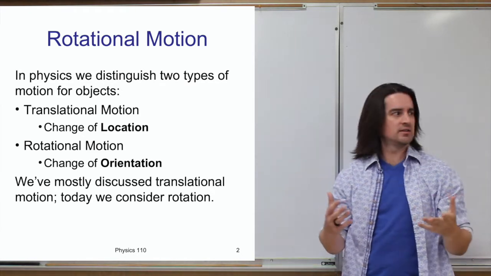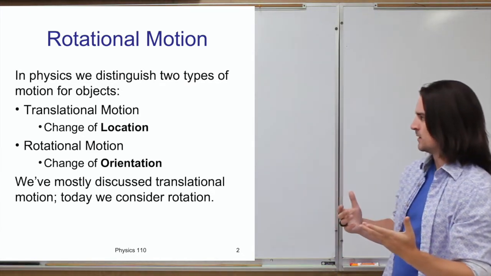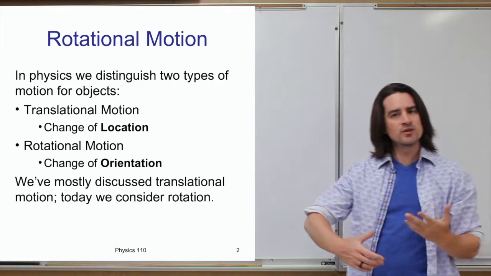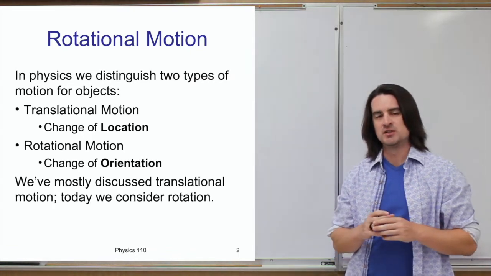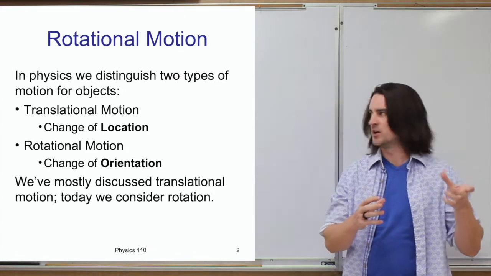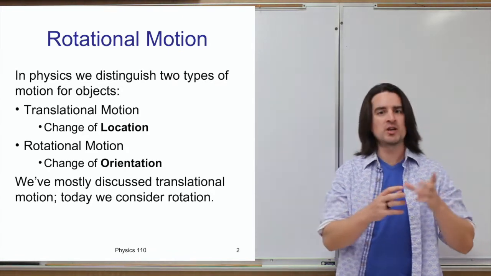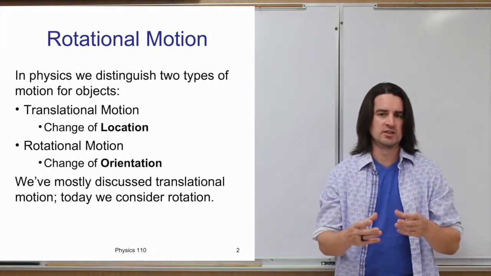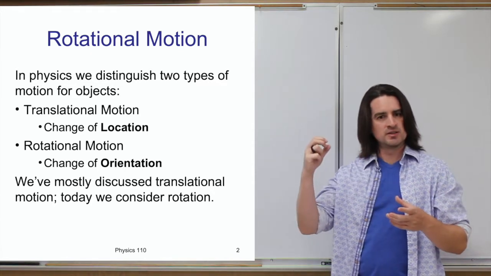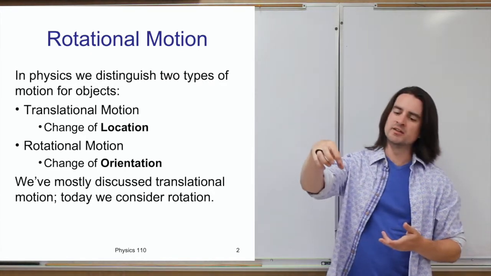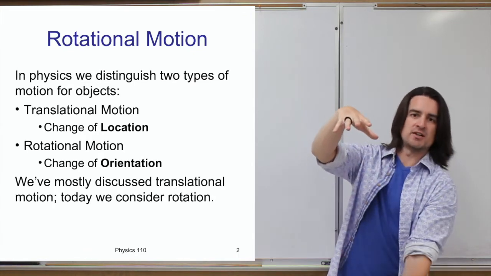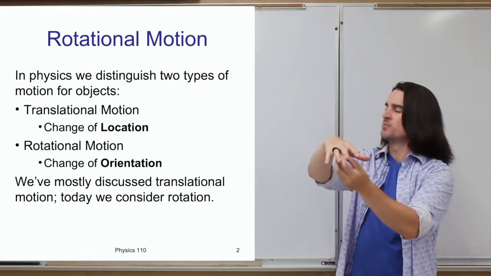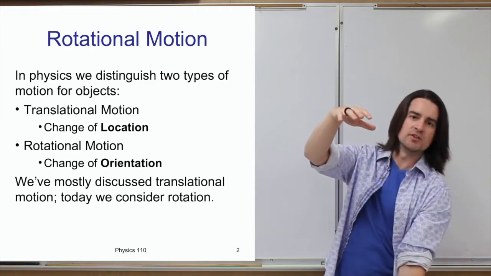So all of that, generally speaking, is called translational motion, meaning all you're doing is changing the location of where an object is. Like if I have a ball and I release that ball, it just drops straight down. So all it's really doing is changing from being located up here to being eventually located down on the ground.